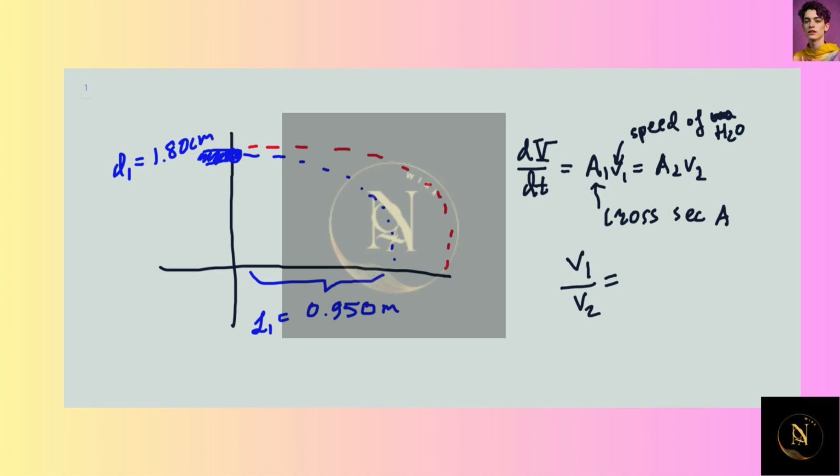So V1 over V2 is going to be equal to A2 over A1. And so for now, let's just find this ratio of velocities by doing calculation on the cross-sectional areas of the hose.